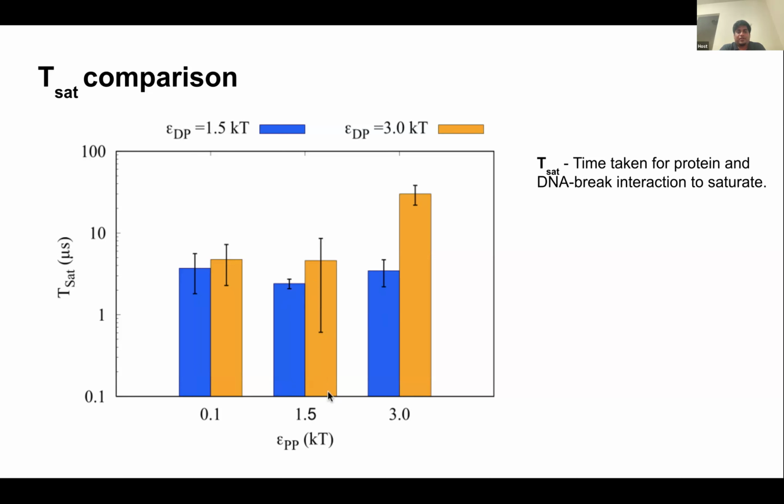For 3 kT of epsilon DP, there's a varying TSAT, which says either it will be available or it will not be available, so it is not consistent. The error bar is very big. The small error bar states that the saturation time is always less for 1.5 kT of epsilon PP and epsilon DP. So this is what we wanted.